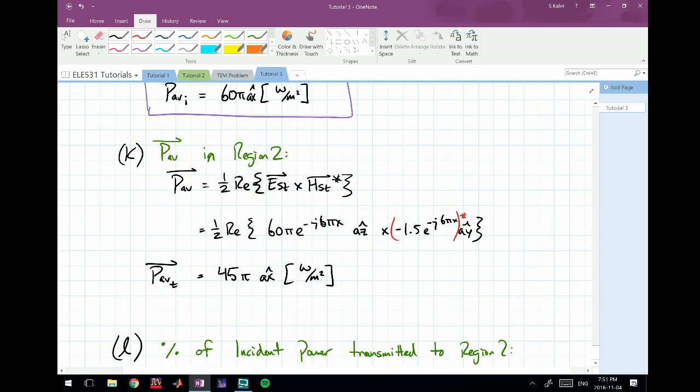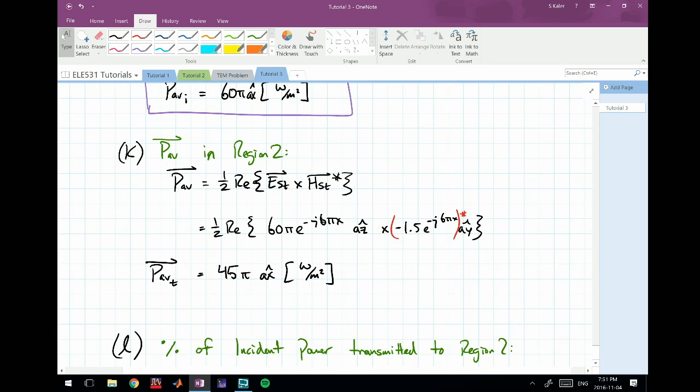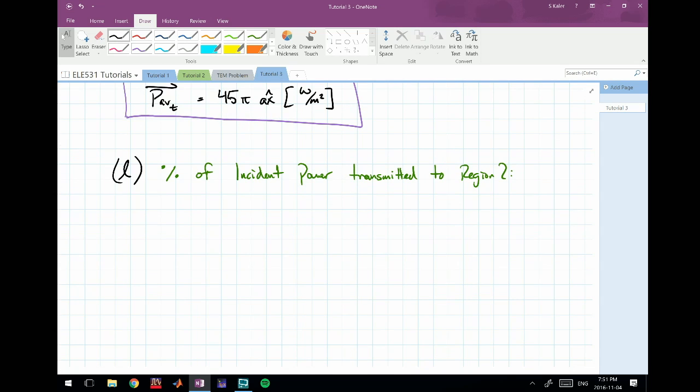Knowing very well that this is the time average here. 75% is correct. So, percent transmitted. There's really no equation for this. It's literally just dividing. I take 45 pi divided by 60 pi, get 0.75. 75% transmitted.